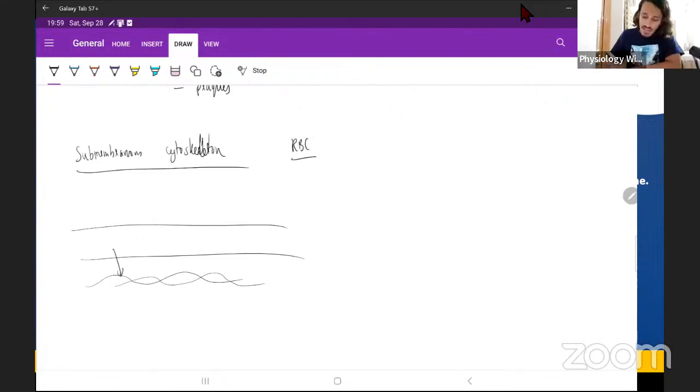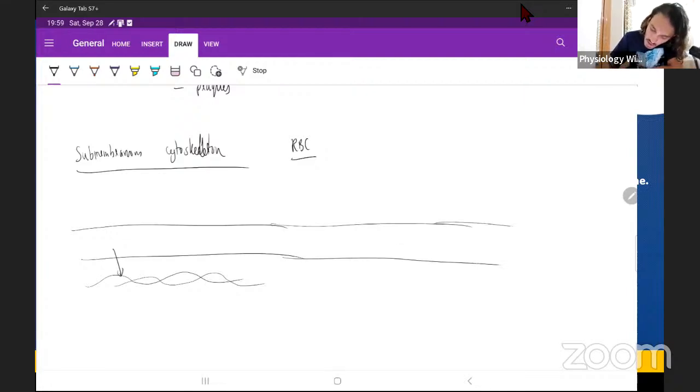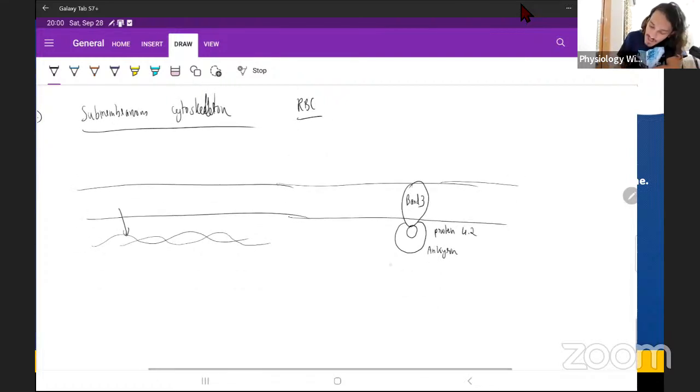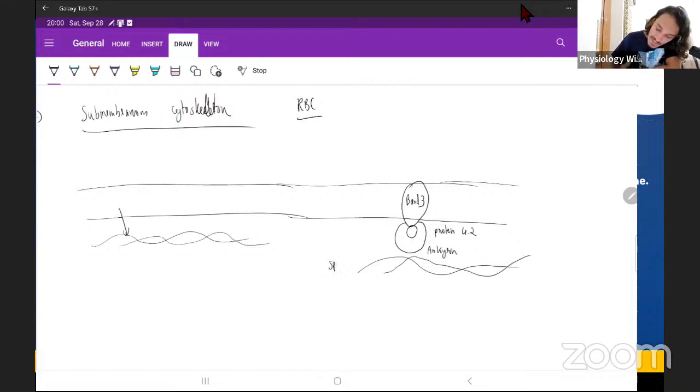In RBC, there is a particular component in the membrane which is called band 3. This band 3 is an ion channel, actually an exchanger, that is attached through protein 4.2 to a substance called ankyrin, which anchors it to another cytoskeletal structure called spectrin, which is very important.